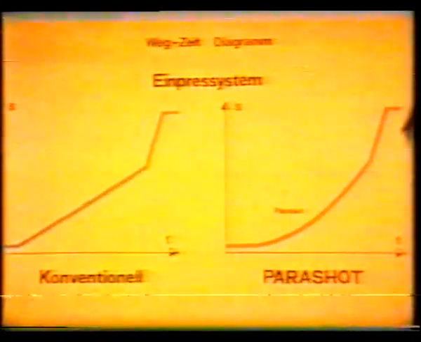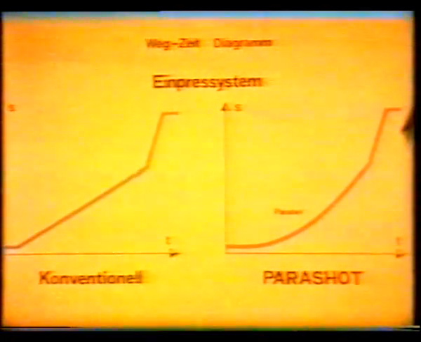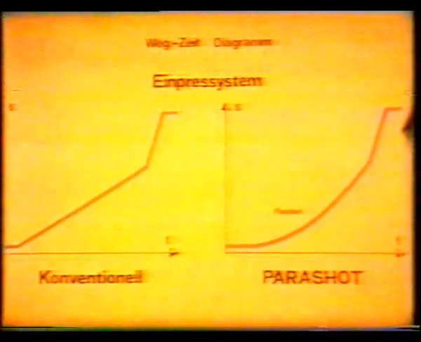Since there is no precipitous wave with the parashot system, the filling is free of turbulence. This results in a homogeneous structure and minimum dispersion of the strength values in the castings. With the development of the new injection system parashot, the problems arising from gas enclosures in the filling sleeve are eliminated.